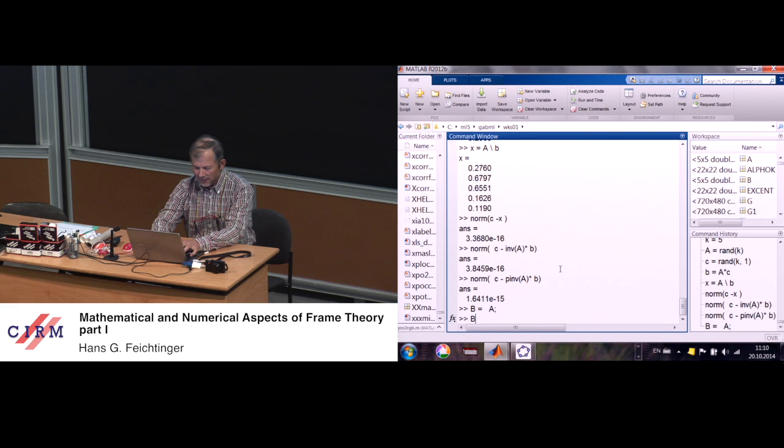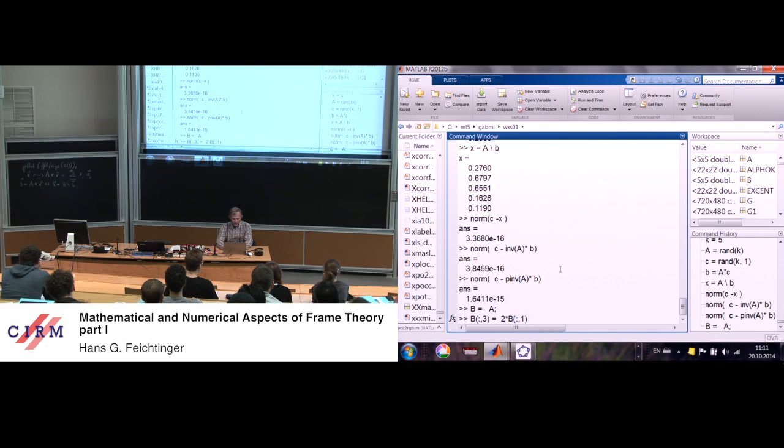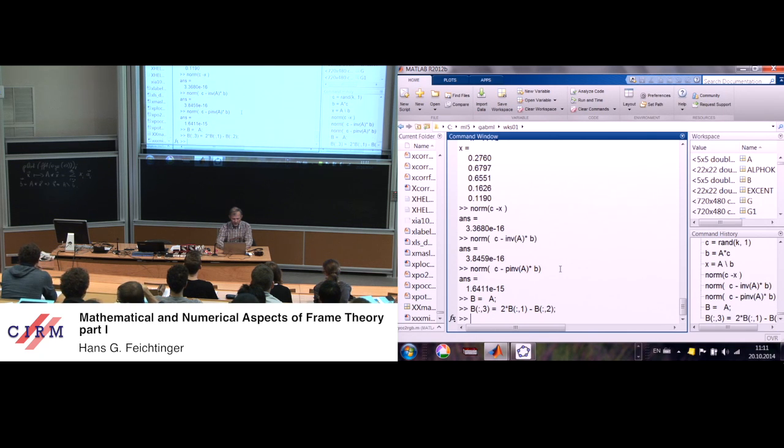So I'm making B, the third column is supposed to be now, I don't know, 2 times the first column minus column number 2. And I take B5 to be, for example, B3.